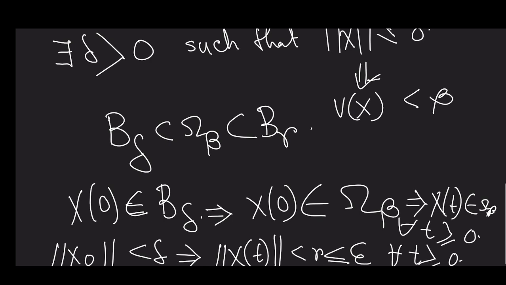This is one part. What is the second part? The second part is that we have to prove that it will go to 0 as t goes to infinity, that is the part of asymptotic stability.